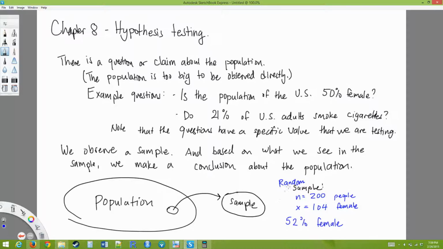I think our intuition says, well, your sample only has 200 people in it, and 52% isn't that different from 50%. So I'm going to say I don't have anything to disprove or say no to this question. Does that kind of agree with your gut instinct here?